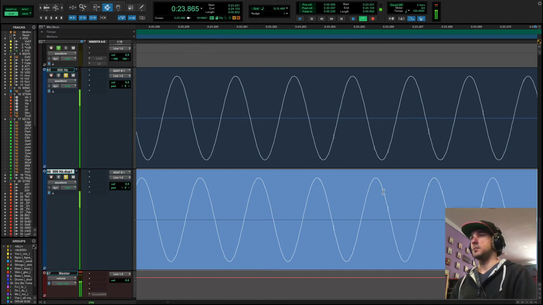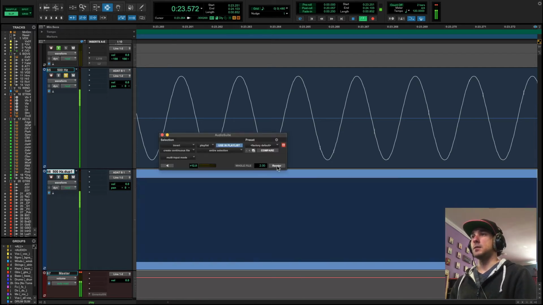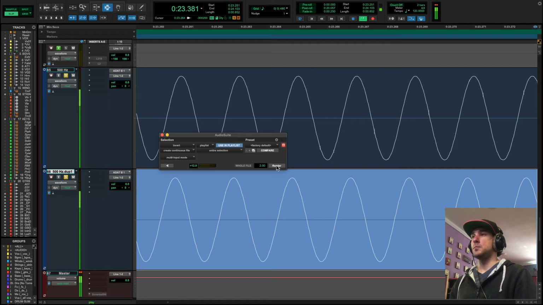These waves are just out of phase now. Even if I were to invert the polarity of one of them, I'm not going to get my twice as loud sine wave back. It's still not exactly the same because these waves are out of phase.